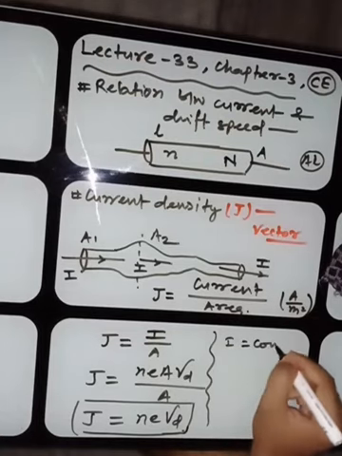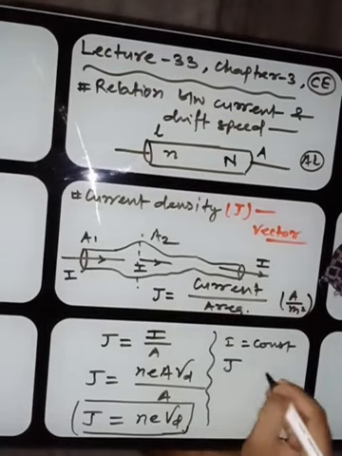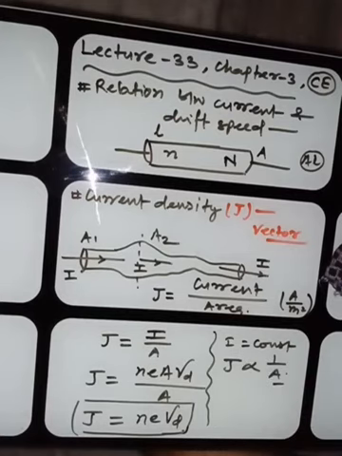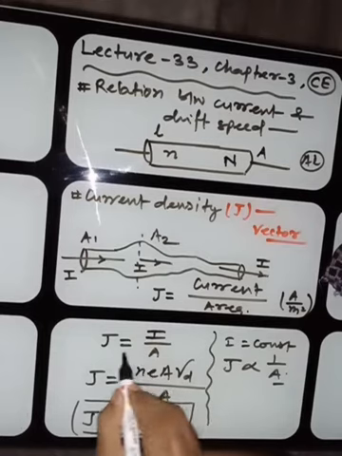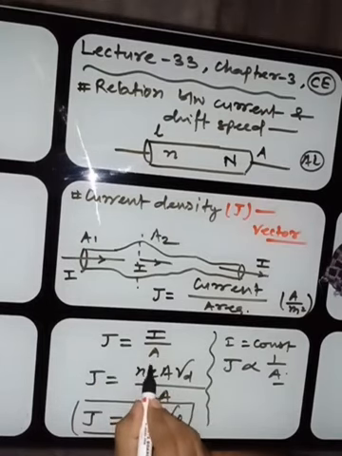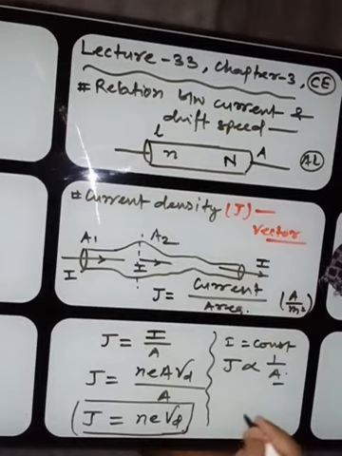If I is constant, it means the current density is inversely proportional to the cross-sectional area. Okay, my dear students, if this is a vector quantity, area is also a vector quantity, with the surface vector perpendicular.